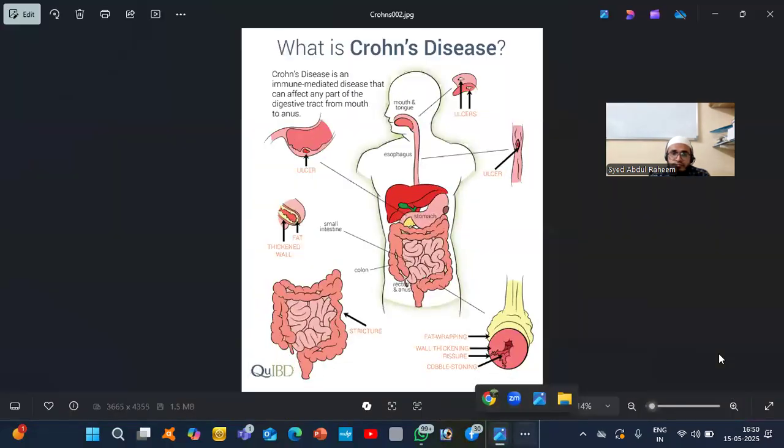The next type of disease is Crohn's disease, which is also very common nowadays. What will happen in Crohn's disease? It is an immune mediated disease.